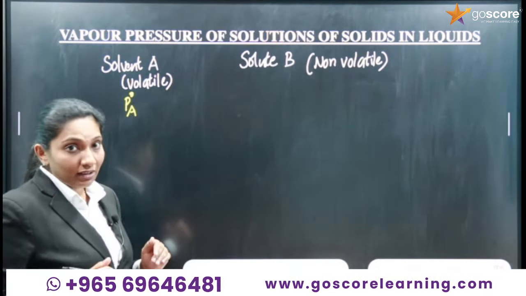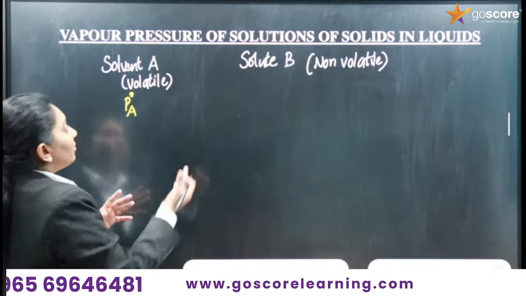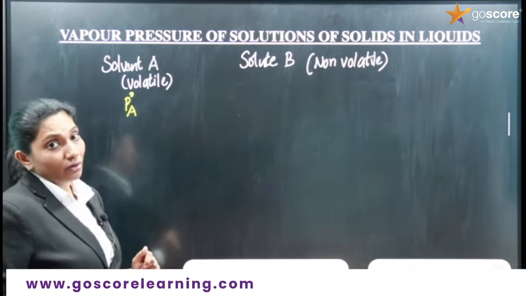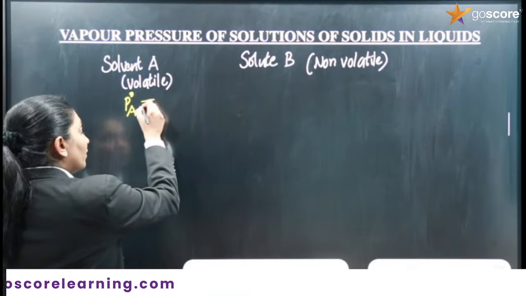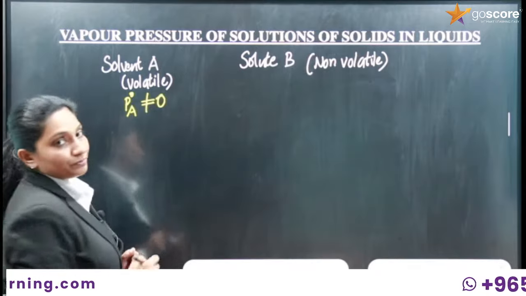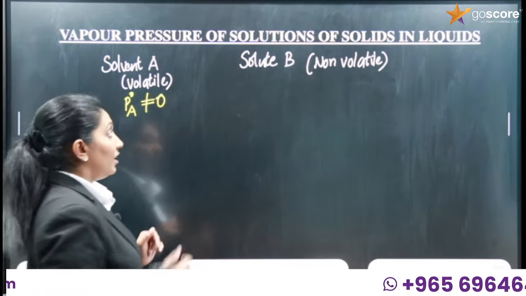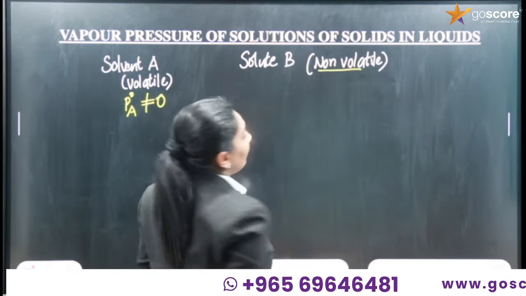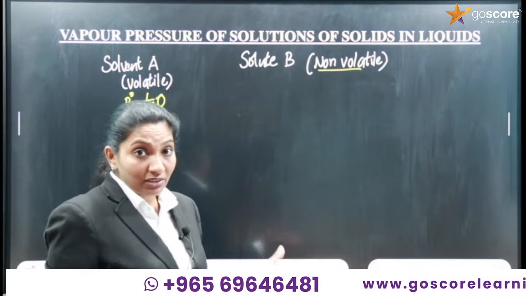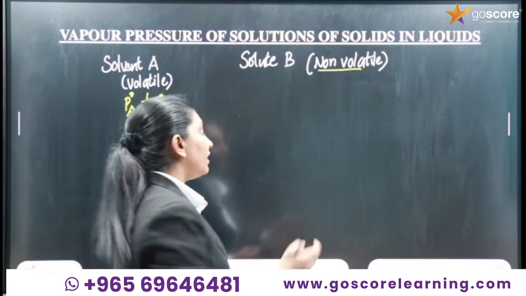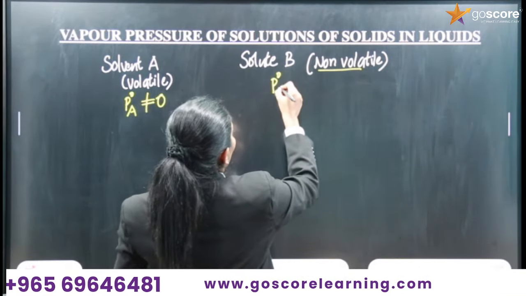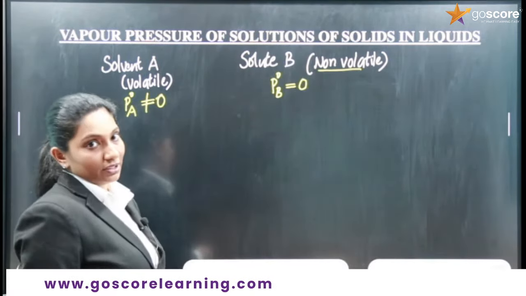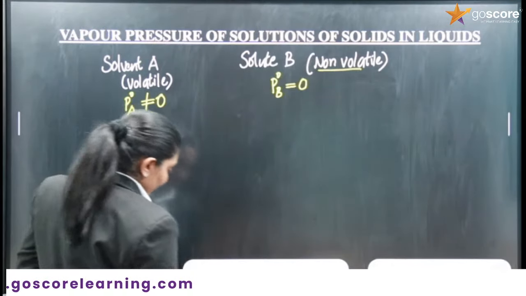It will exert pressure, right? It will form vapors that will definitely exert pressure. That is the vapor pressure of the pure component A, right? So, this value will not be equal to 0 because there will be some pressure. But at the same time, the solute B is non-volatile. It will not form any vapors. So, is there any vapor pressure due to B? No, right? So, here the P naught B value will be equal to 0. Got it?